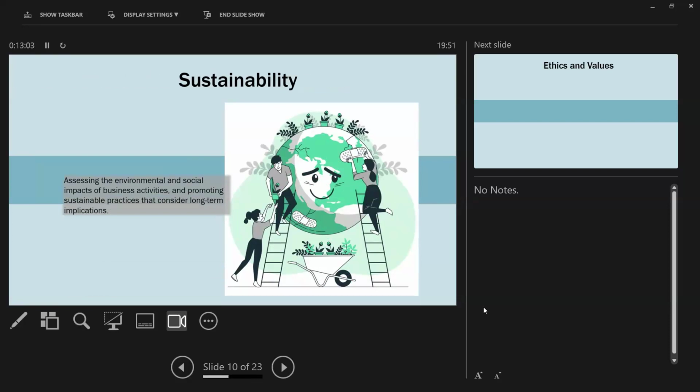All right. So sustainability, now we're talking about assessing the environmental and social impacts of business activities and promoting sustainable practices that consider long-term implications. So I put a very good illustration there. I think you can see people trying to patch the earth, right?